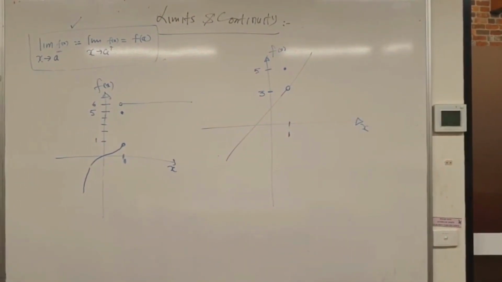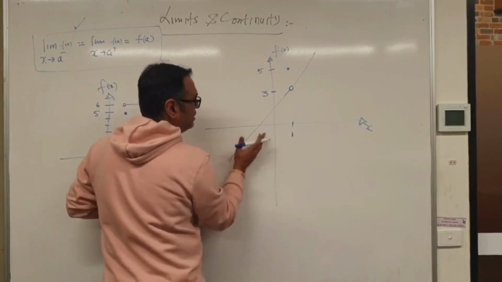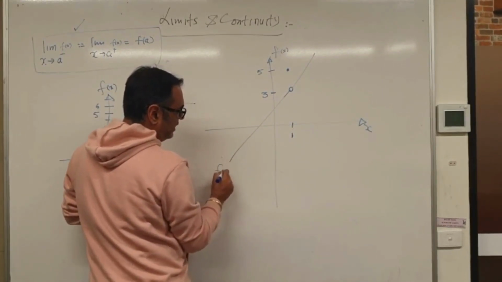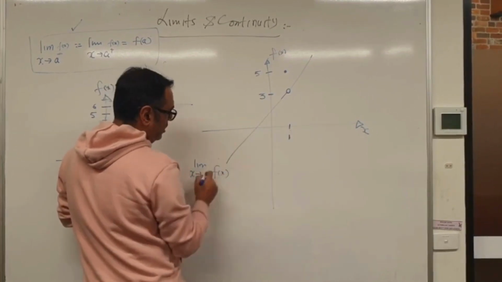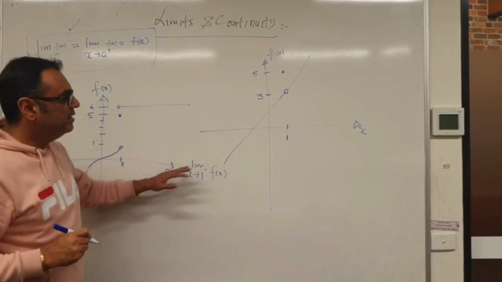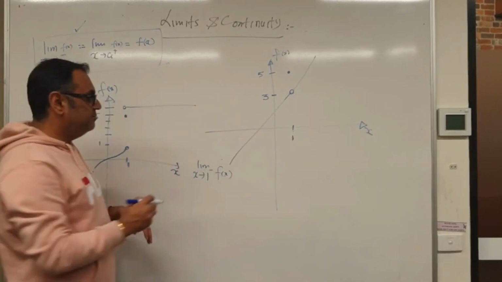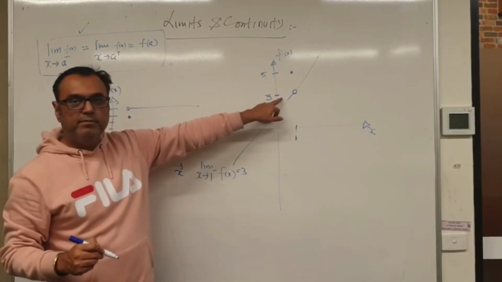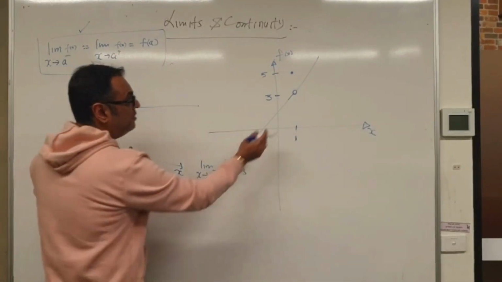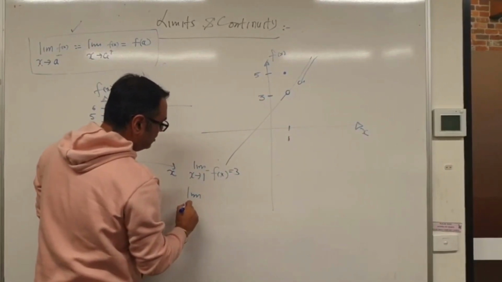No, straight away. Why? Because your left limit, f of x as x tends to 1 from the negative side, is basically 3, approaching 3. Even your right limit here also approaches 3.